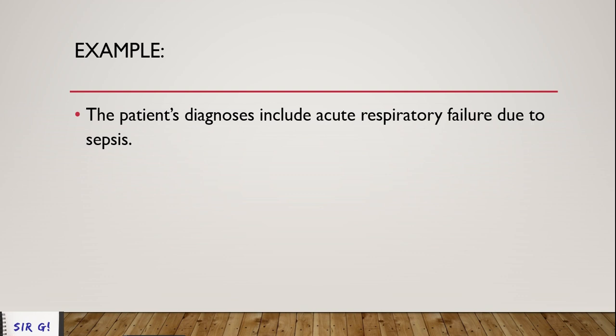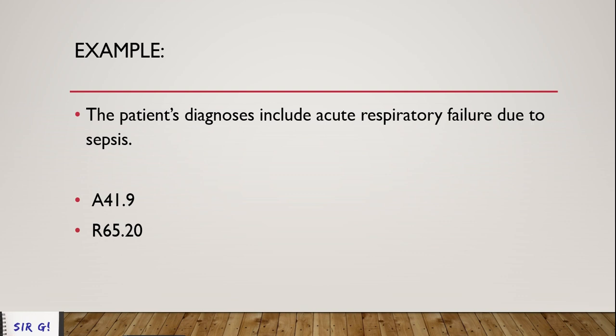Okay, so when you are coding severe sepsis, what should be your code first? There's no specific organism yet that causes the sepsis, so you may use first the A41.9. Since it's already your severe sepsis, your second code should be R65.20 to be specific, because your R65.20 is severe sepsis without septic shock.